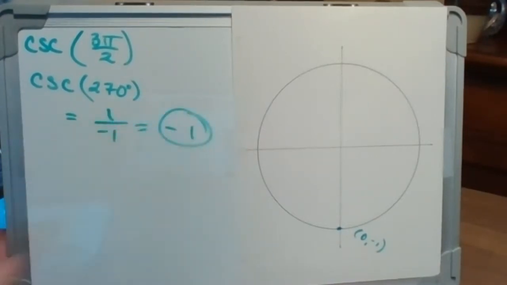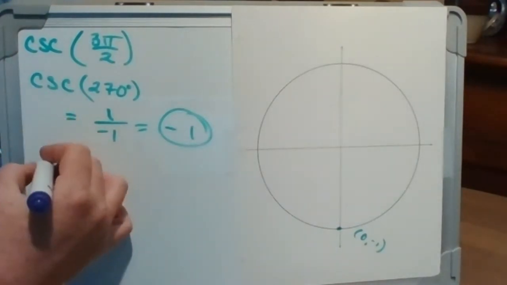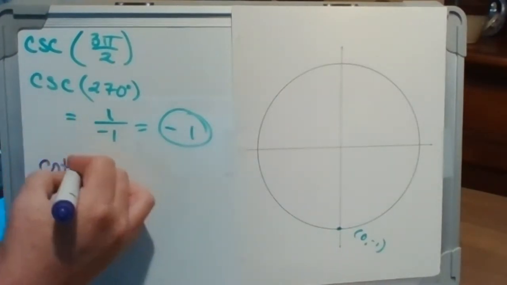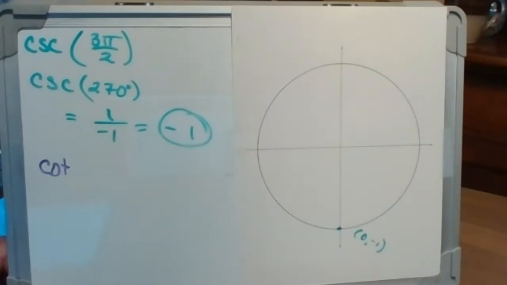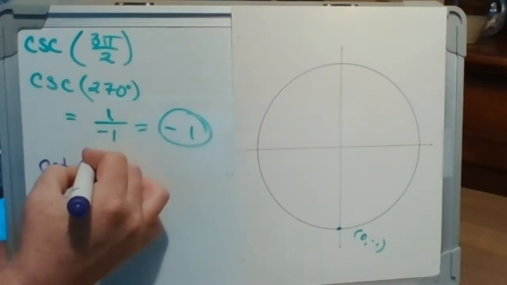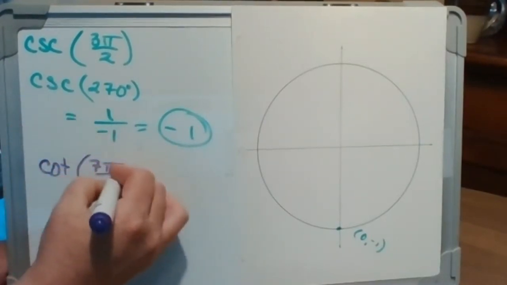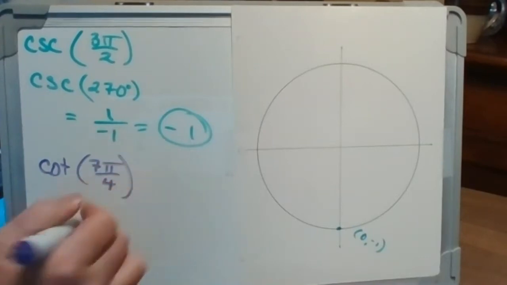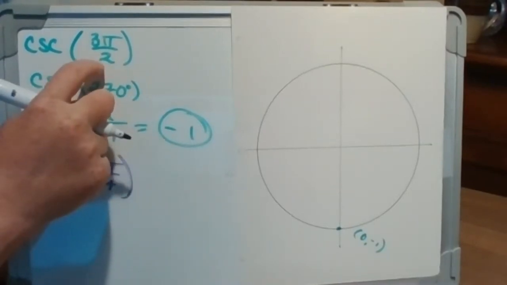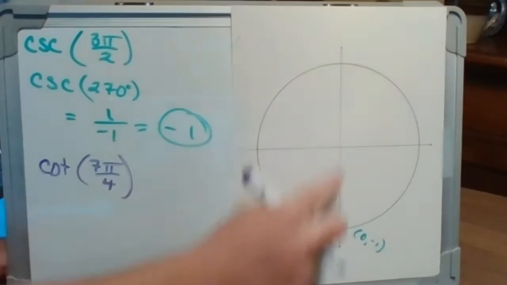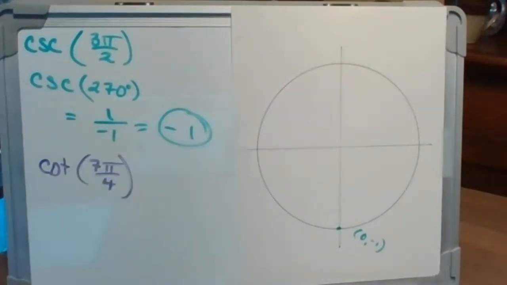Cosecant of 270 is -1. Questions on that one? Usually when the denominator is 2, that means it's going to be on the y-axis.